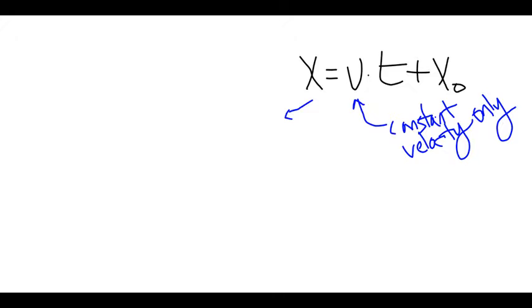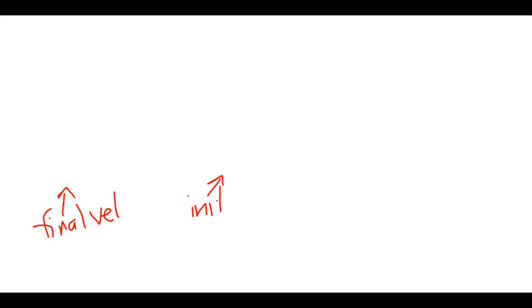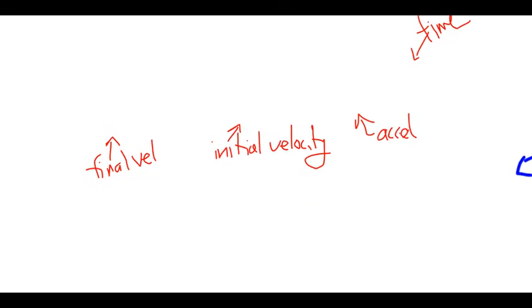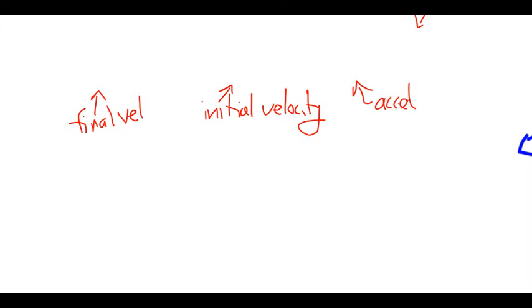Okay, so let's pay attention to what these actually are. So this is, we have final velocity, initial velocity, acceleration. The acceleration, we will always deal with constant acceleration situations. So that's acceleration, and this is time. All right. And we have our terms defined here, basically.